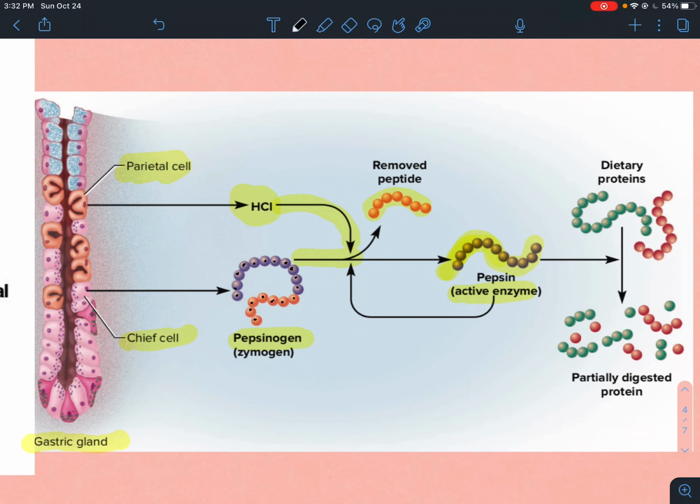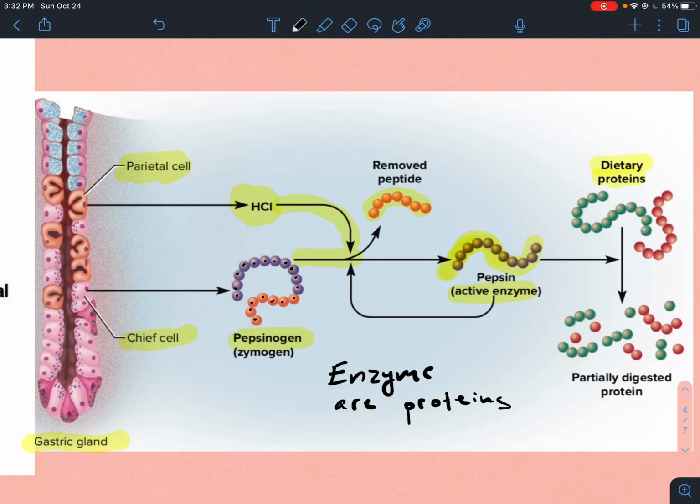Now, please remember that enzymes are, in fact, proteins that your body makes. And in this case, this enzyme is breaking down the proteins that we're eating from our food.